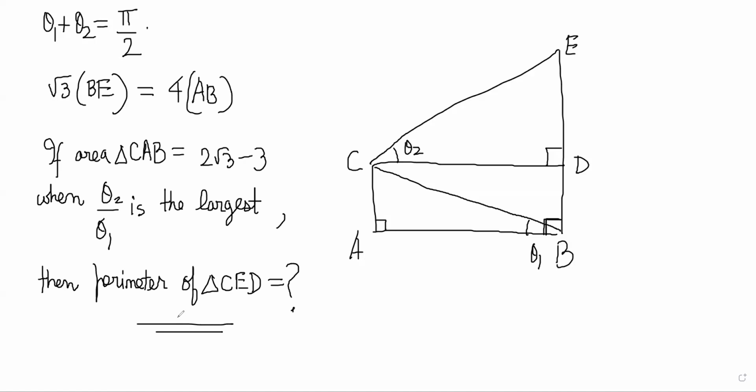So they are saying when theta 2 by theta 1 is largest, at that time the area of CAB was equal to this. So this root 3 BE equal to 4 AB is always true in the given question? Yeah, that is given. Yes, sir. I was trying to confirm.